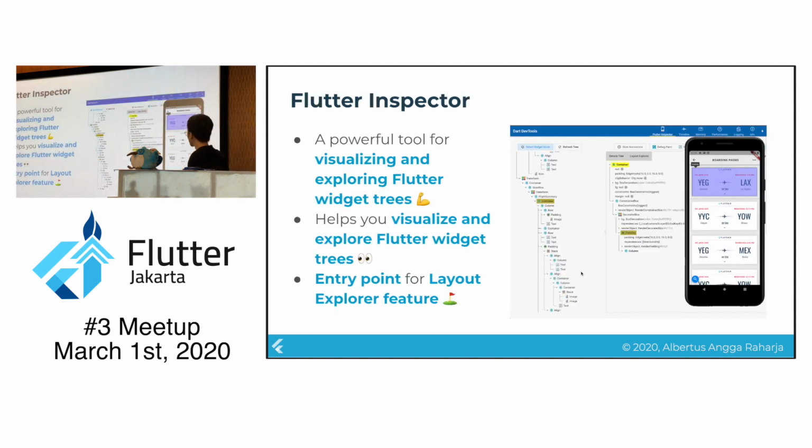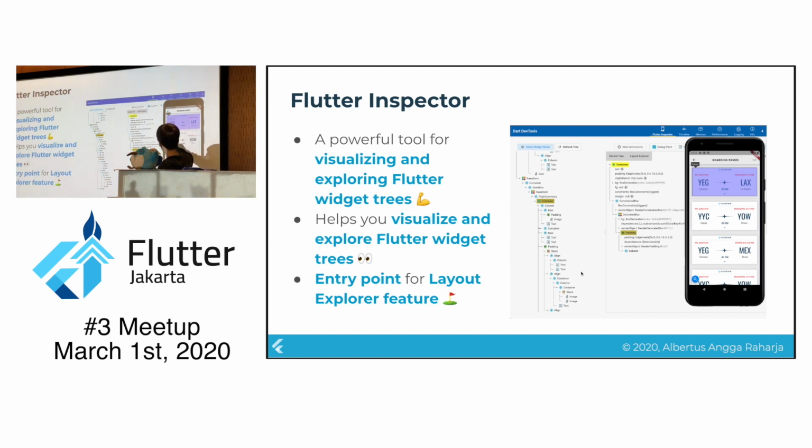So Flutter Inspector. What's Flutter Inspector? Flutter Inspector is a powerful tool for visualizing and exploring Flutter widget trees. If you come from web development, chances are you have used an inspector, right? In Chrome, you can right click and then click inspect. But in Flutter, since it's not web, you cannot do that. So that brings us to Flutter Inspector, which will help you as you develop your UI.